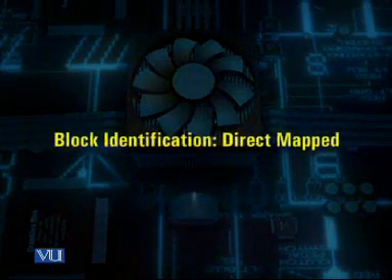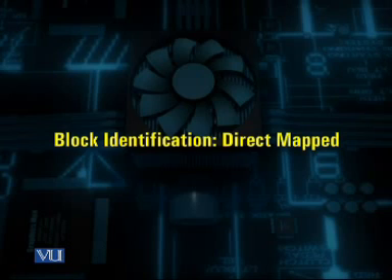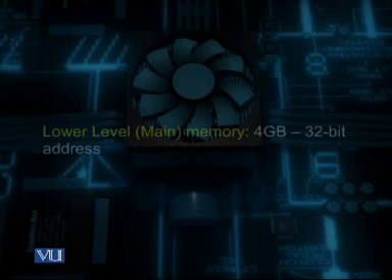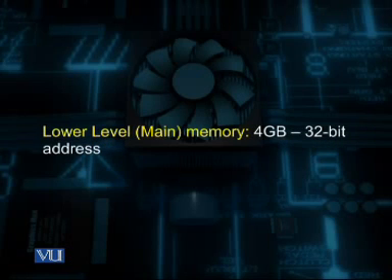Let us consider an example of block identification for a direct map cache. For this, let us consider lower level memory of 4 gigabyte, which has been divided into blocks of 32 bytes each.